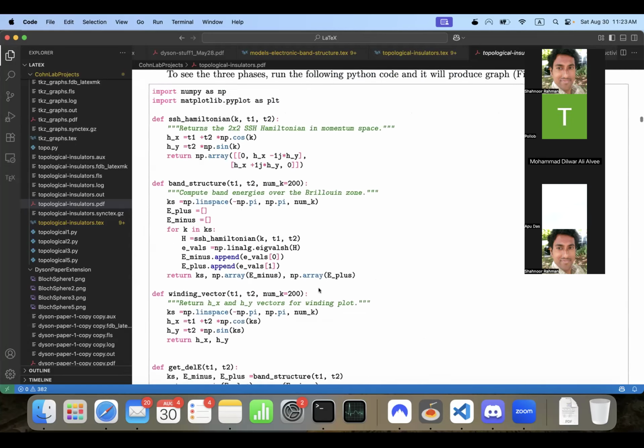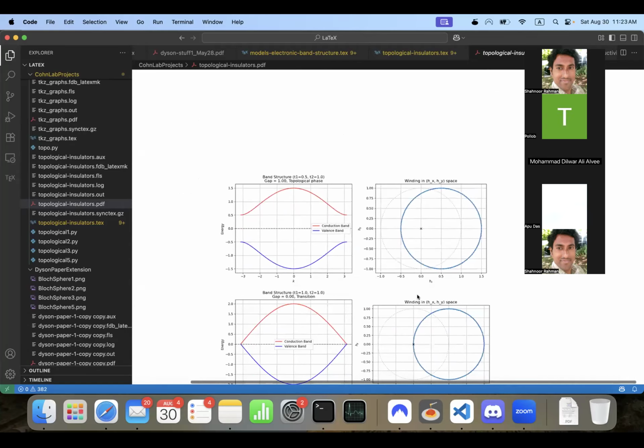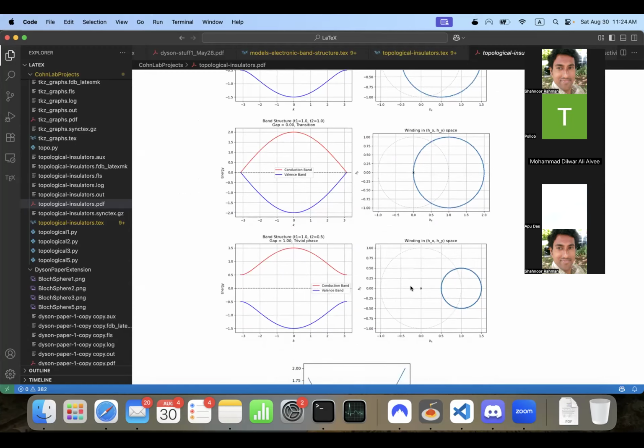The idea is, how many times the circle goes around the origin of the coordinate system. In the topological phase, 1 time. In the trivial phase, none, because the origin is outside the circle. The circle goes around, but it never goes around the origin of the coordinate system.